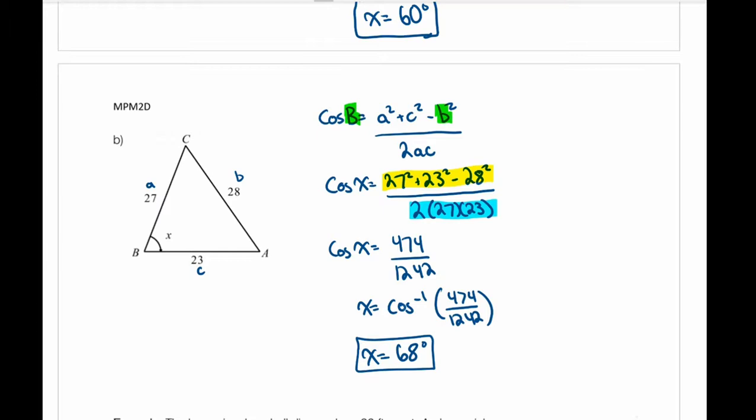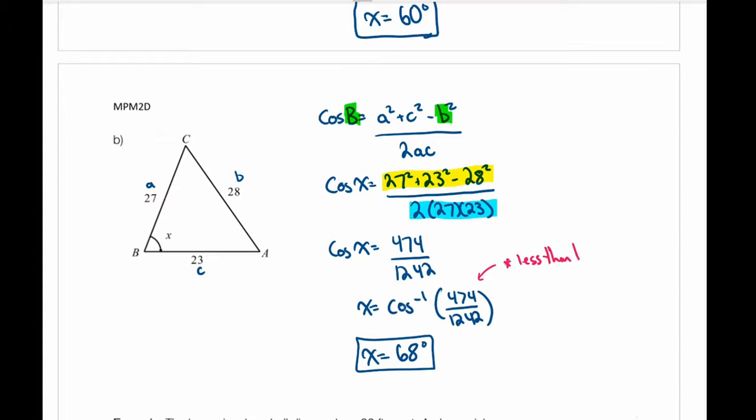So going through and solving, making sure we plugged our sides into the correct spots, simplifying the top first, then simplifying the bottom, to make it a little bit easier and a way to go back and check. We go to our last step where we do the inverse of cosine, and the inverse should give us an angle of 68 degrees. And again, we can double check here. This is less than 1.